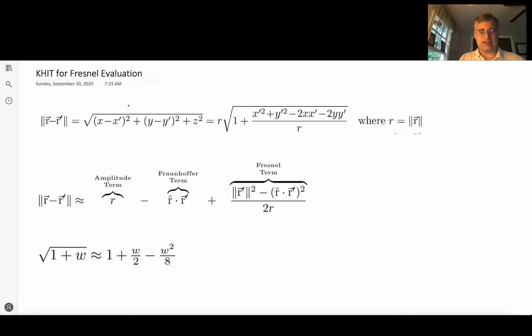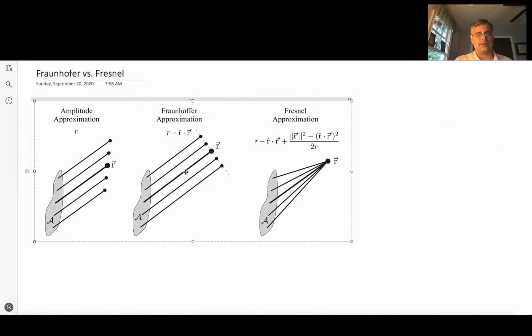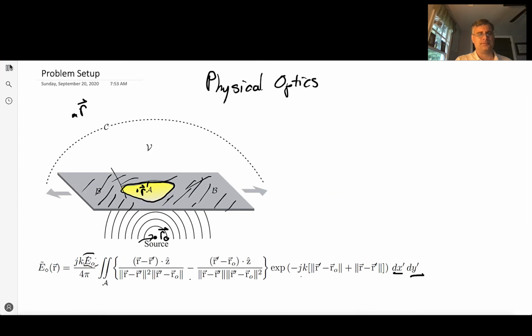But let's look at this issue here first of all. If I go back to my first slide here, I have distances. And making approximations in evaluating these is really about replacing these complicated vector distances.